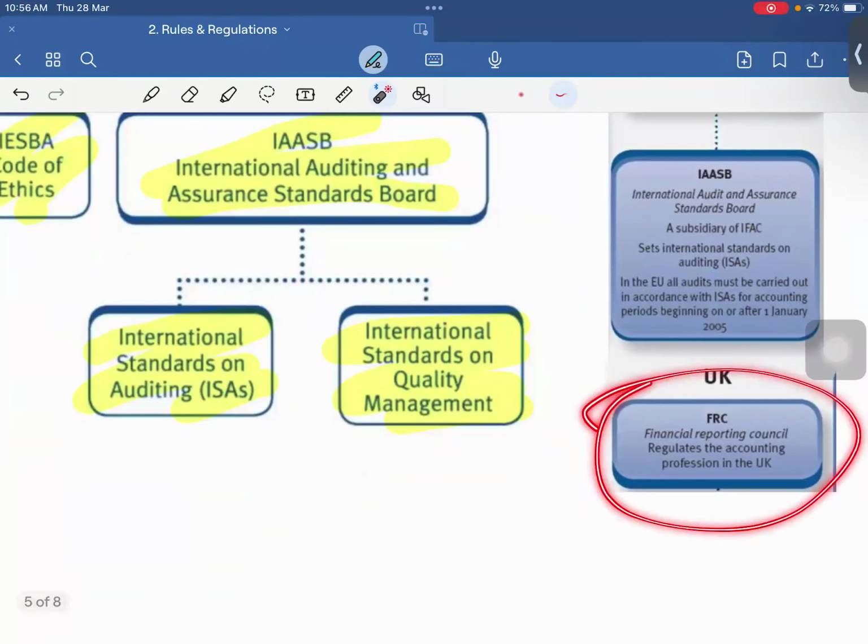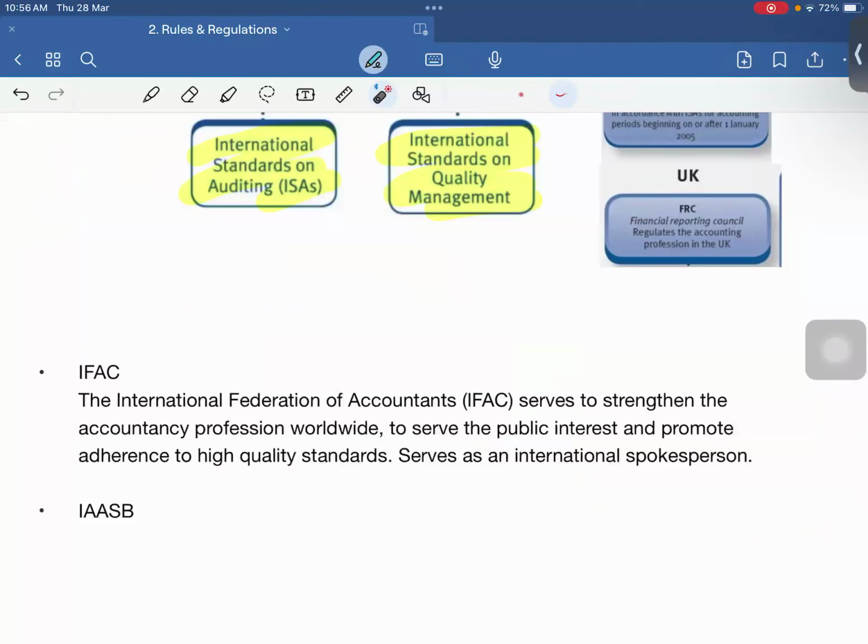As I've discussed earlier, this is the International Federation of Accountants, which means it works globally rather than in a national economy. It is a worldwide profession, so as to serve the public and give the public the message that whatever is being said and done is according to high quality standards.